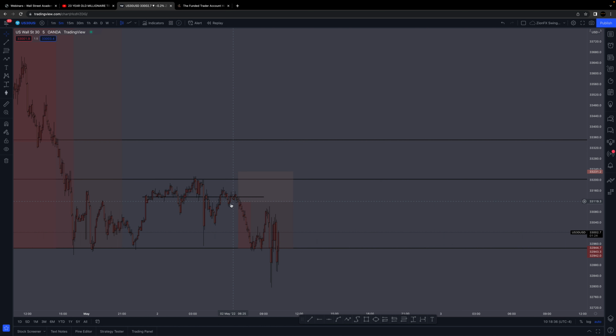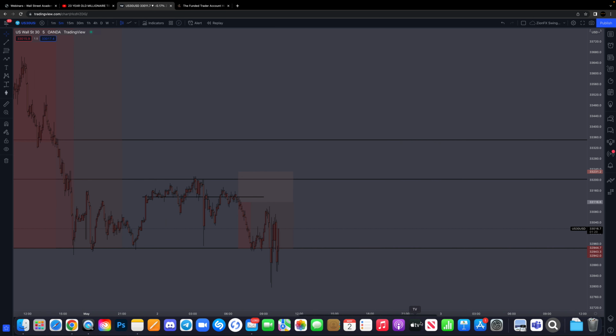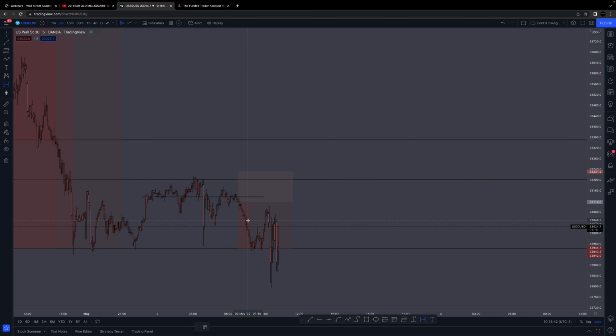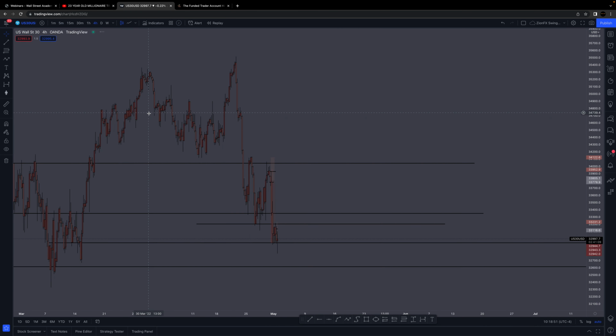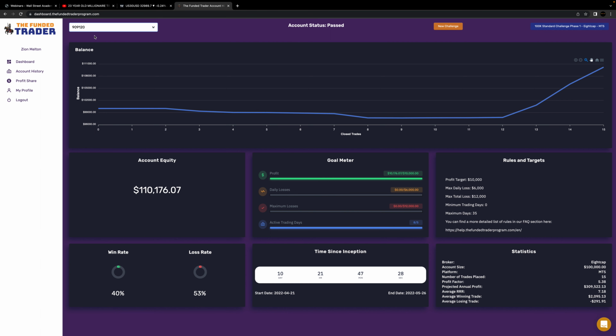So I took the trade around 6:50, and the trade lasted about an hour. Literally an hour. And that's how I passed my phase one within 2 days, on a Friday morning and on a Monday morning, for the funded trader.